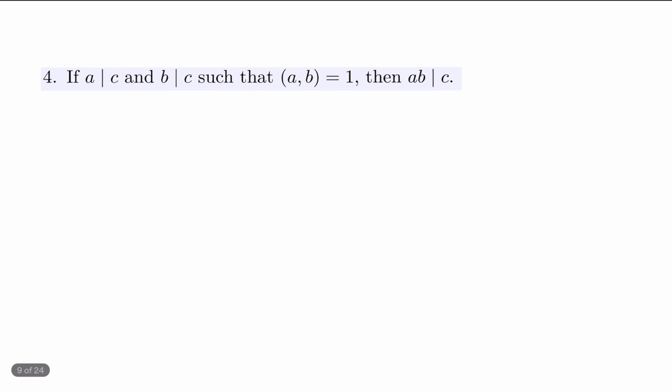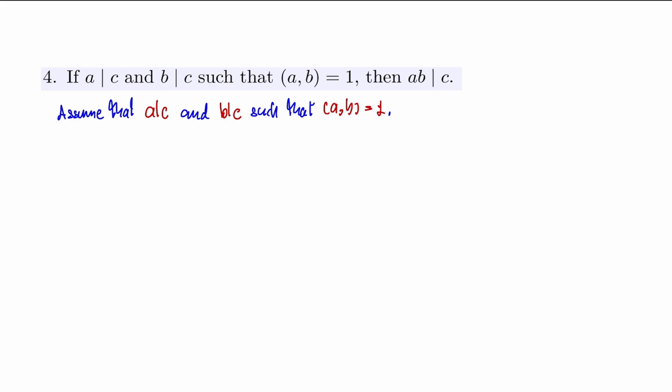So let's assume that a divides c and b divides c, such that the greatest common divisor of a and b equals 1, and we try to show that ab divides c.